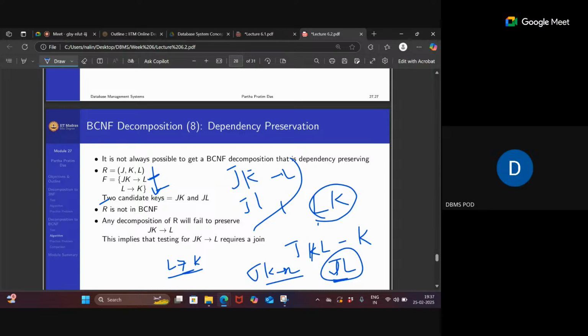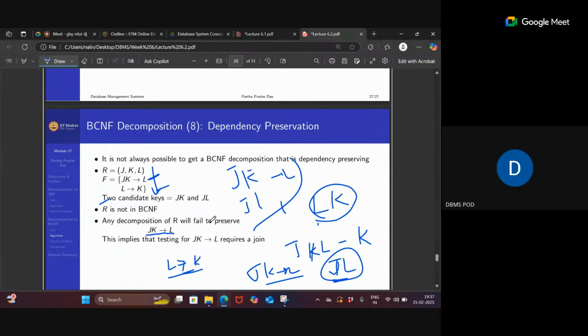We have to check whether JK determines L holds in any way. We cannot get that FD. JK determines L, that FD we cannot get because it is not preserved after decomposition.